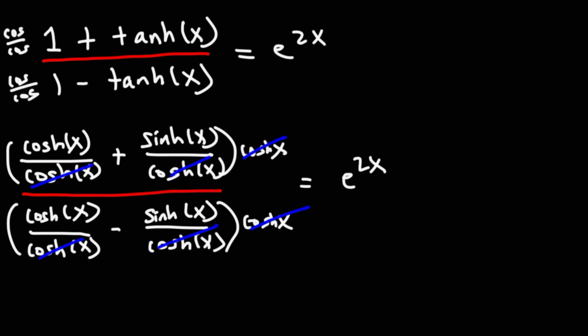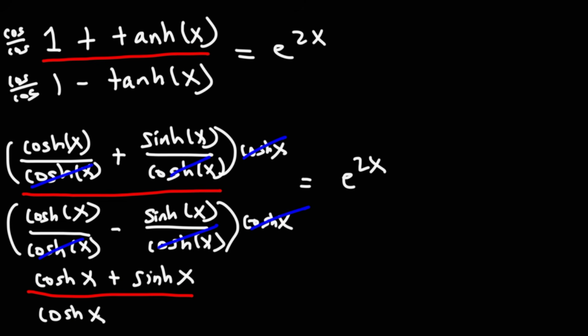So we're going to have hyperbolic cosine plus hyperbolic sine divided by hyperbolic cosine minus hyperbolic sine.